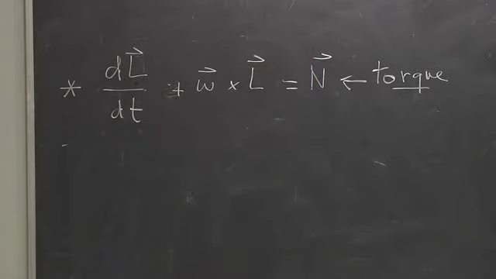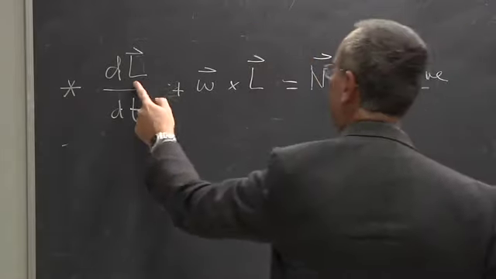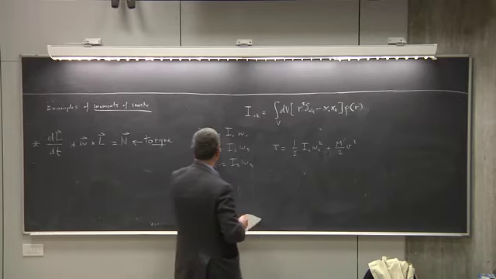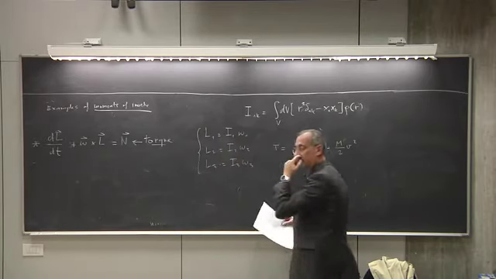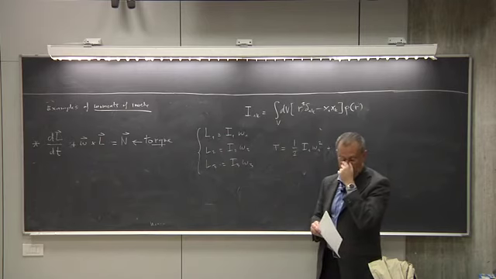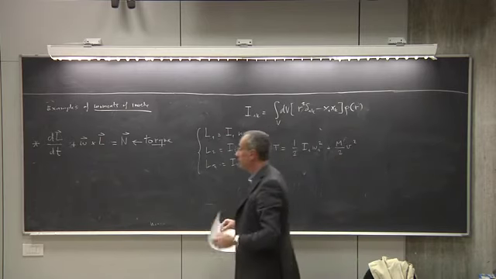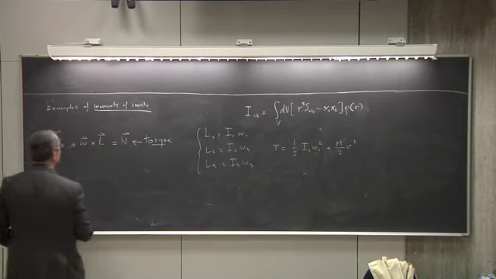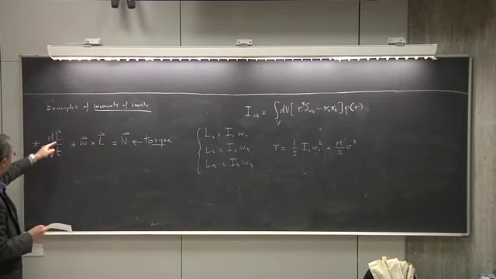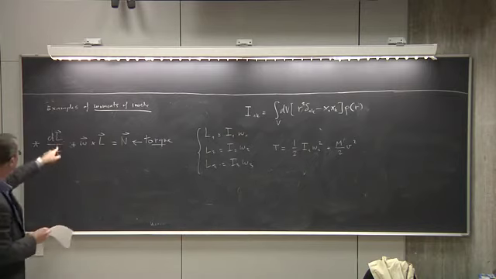but I really want to use what we introduced. So if I now replace my definition of angular momentum in terms of the coefficients of your tensor of inertia, I just take L from there and replace it in here.